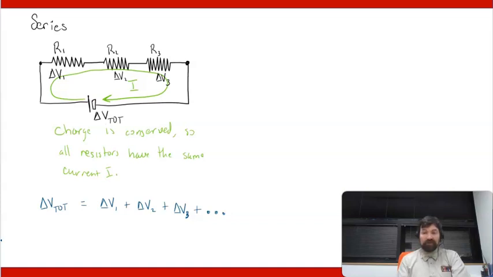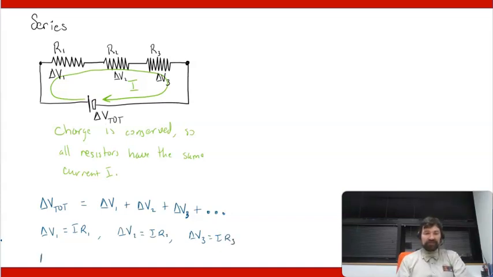Okay? Ohm's law says that delta V1 must be I times R1, and delta V2 is I times R2, and delta V3 is I times R3.